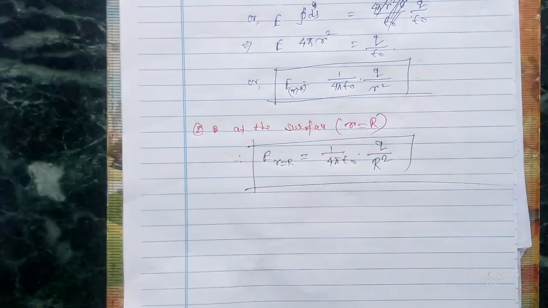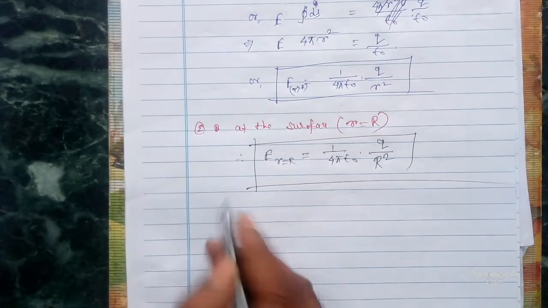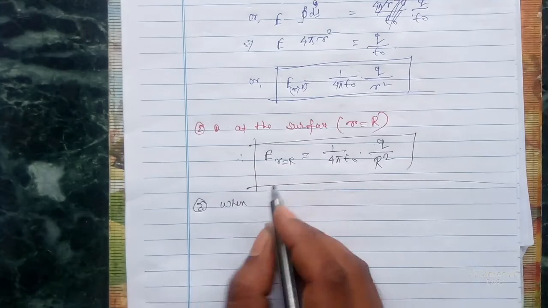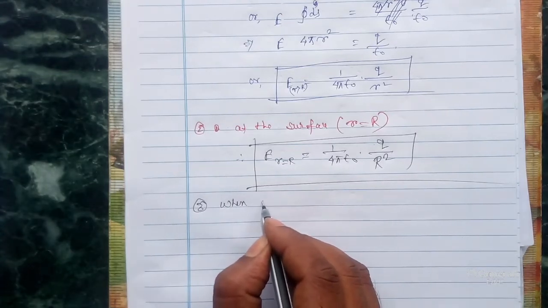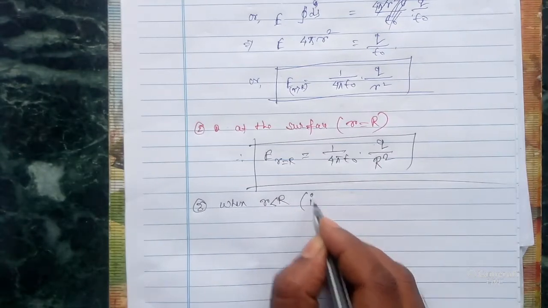Yes, and inside the sphere, when P lies inside the spherical shell, number 3, when small r is less than capital R, that means inside the sphere.